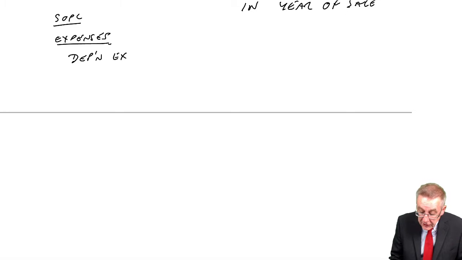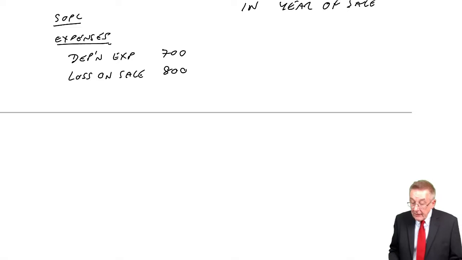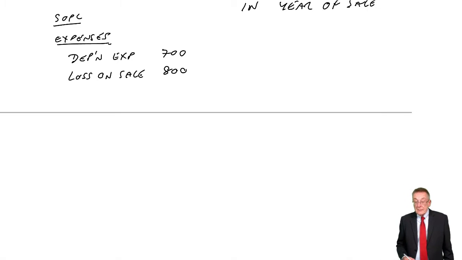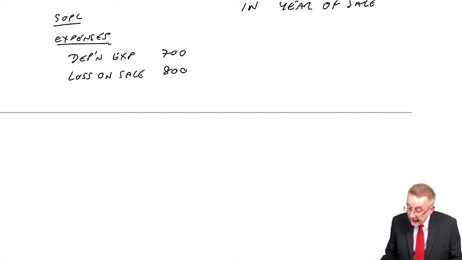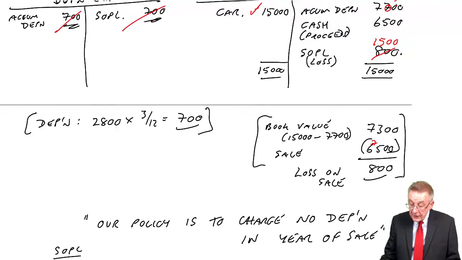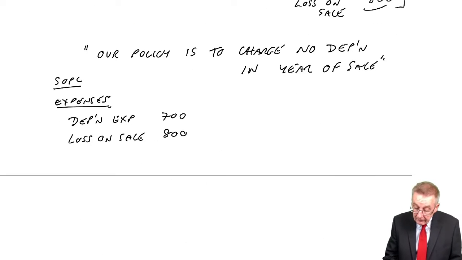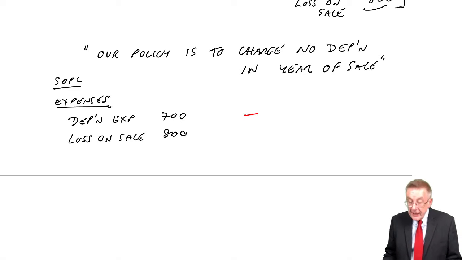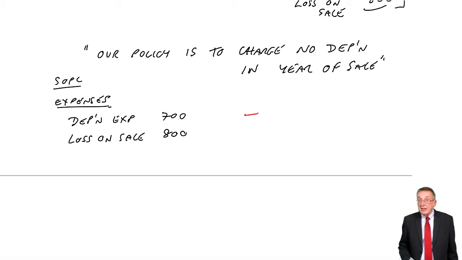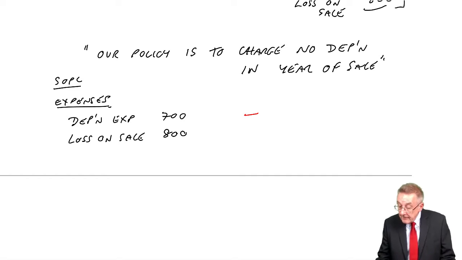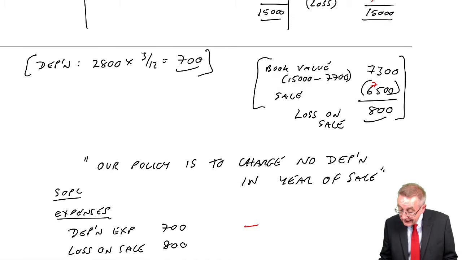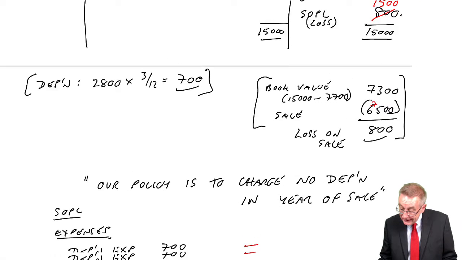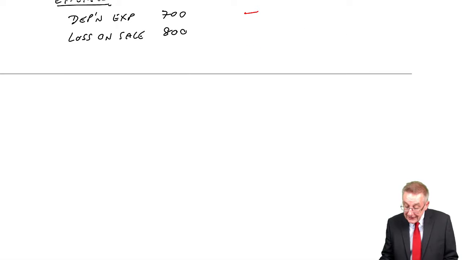We did have depreciation expense of 700, and we had a loss on sale of 800. If, on the other hand, there had been no depreciation in the year of sale, depreciation expense would have been 0, but the loss on sale would have been 1,500.